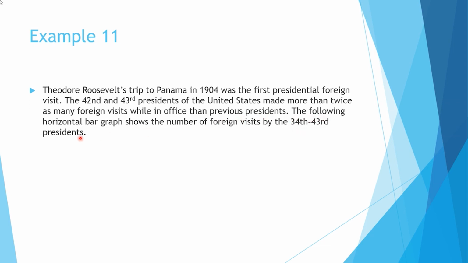The following horizontal bar graph shows the number of foreign visits by the 34th to 43rd presidents. I would also be curious about national debt as well, and maybe executive orders.